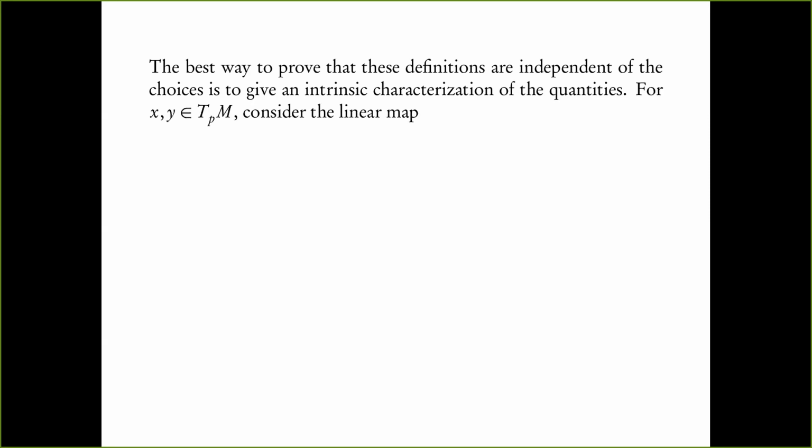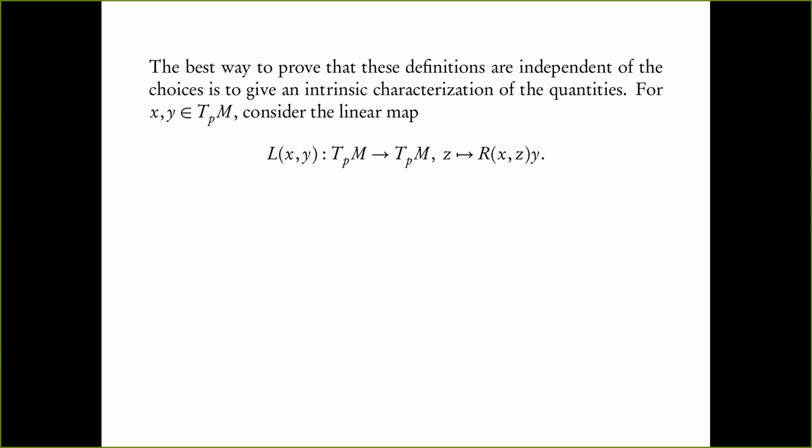So towards that, let's consider a linear map which is dependent on two variables x comma y. So choose two vectors x comma y in the tangent space. You consider the linear map given by this. For a fixed x and y, it's a map from TPM to TPM.